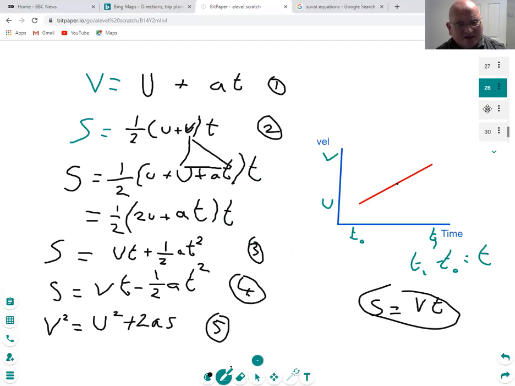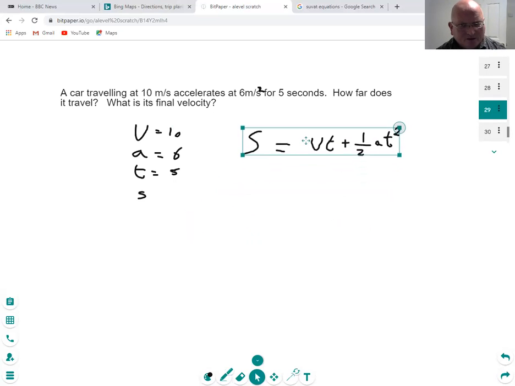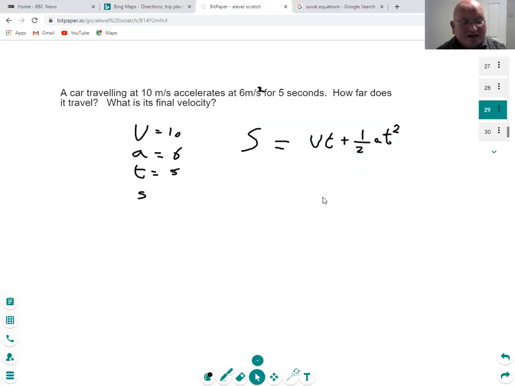So that equation says, see what I'll do. I'm just going to copy that to the next page. So now we've got, and as it happens, the distance S, the thing we're trying to find, is the subject, so we don't have to do any complicated rearranging.